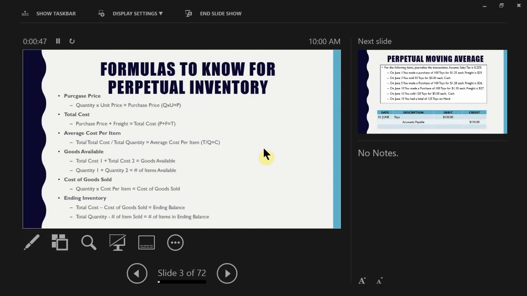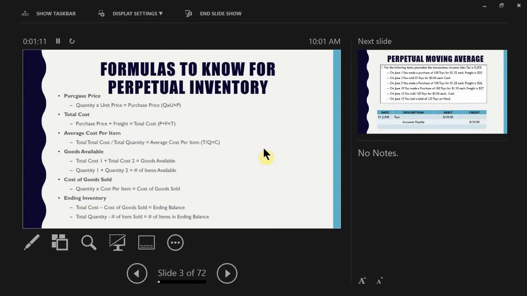Every time we make a purchase of an item, or every time we sell an item, we need to constantly keep calculating an average cost per item. So with the total cost and the total amount of items that you have, you're going to be recalculating that every single time.